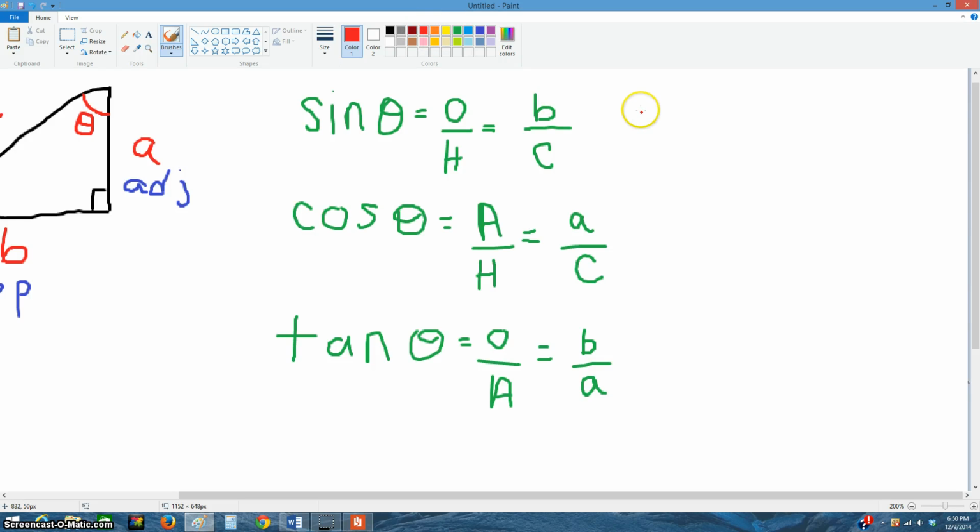Okay, so then we have cosecant of theta, and because they're reciprocals, all we really need to do is what? Exactly, all we need to do is just flip them. So cosecant of theta is C over B. Secant of theta is C over A, that's right.